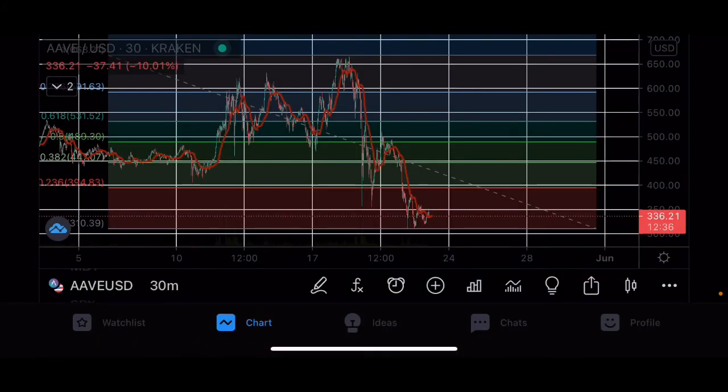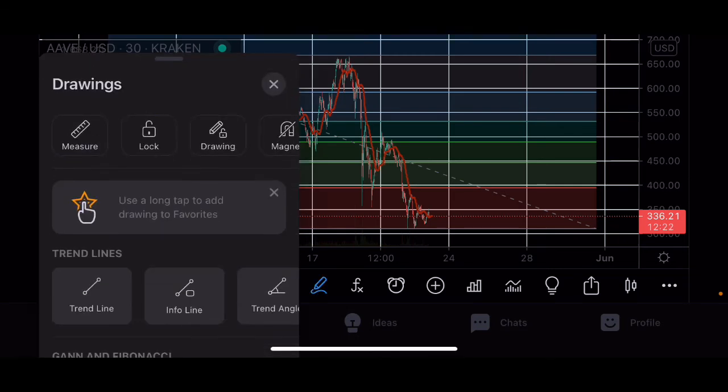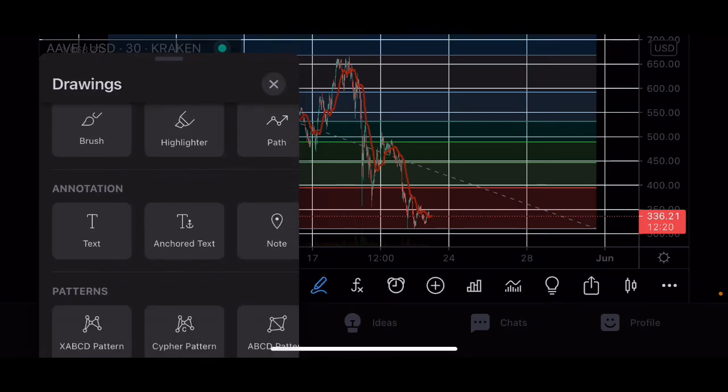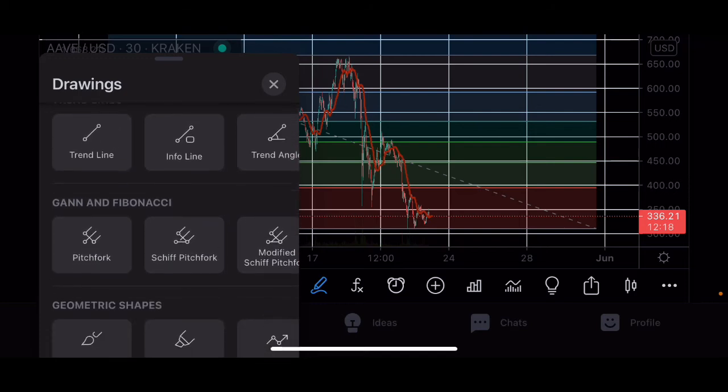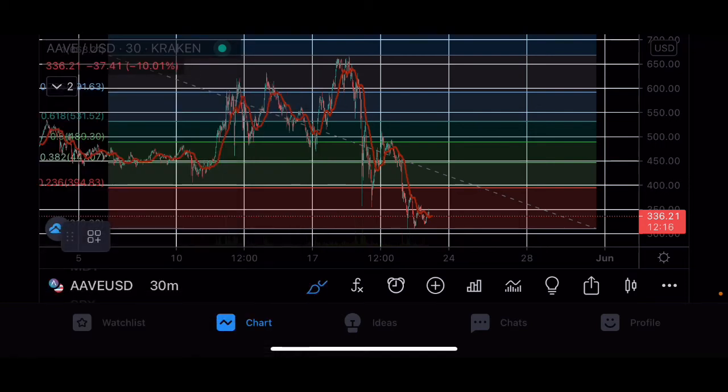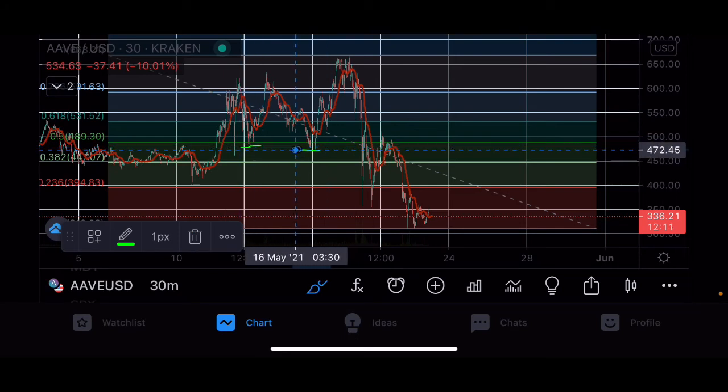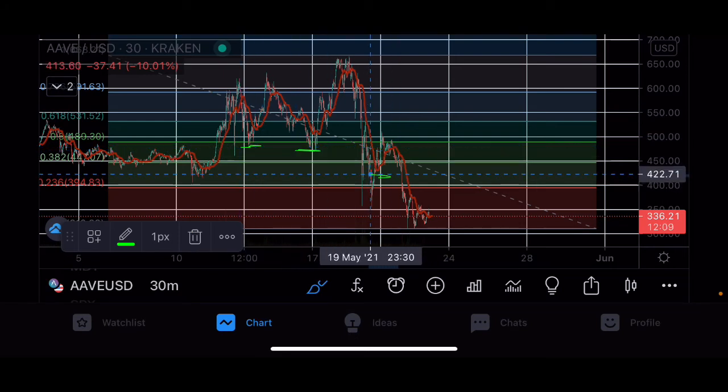Okay, we are here on my TradingView taking a look at AAVE on the 30-minute chart, and I just want to bring some attention to the Fibonacci retracement levels. I'm still bullish, of course. However, we see that these once levels of support have drastically become levels of resistance.